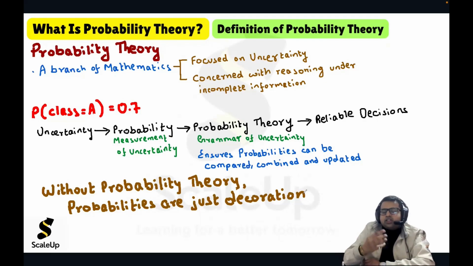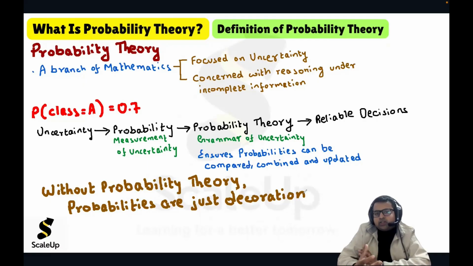Without the systematic rules, whatever uncertainty we are measuring is just numbers, just like alphabets without grammar. Probability theory adds real value because it enables us to take reliable decisions and to reason from incomplete information.